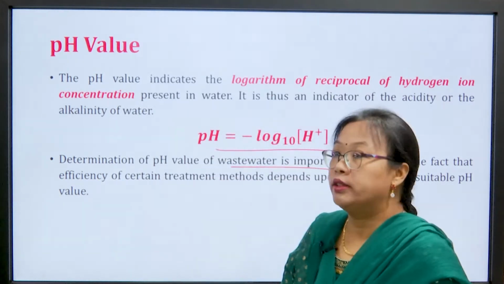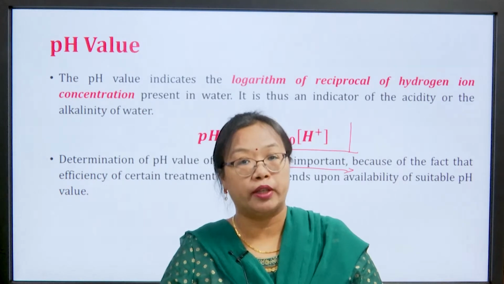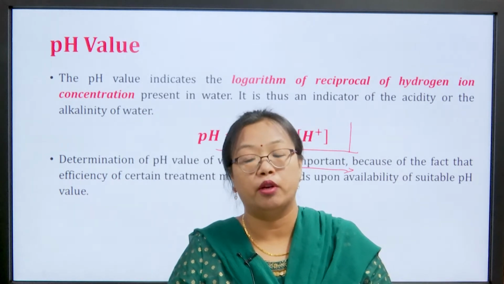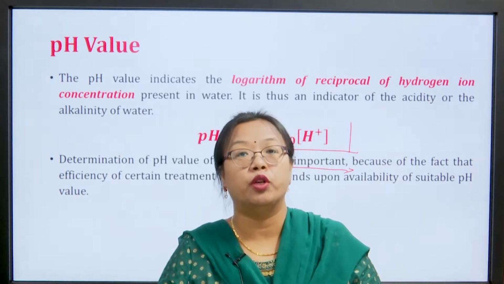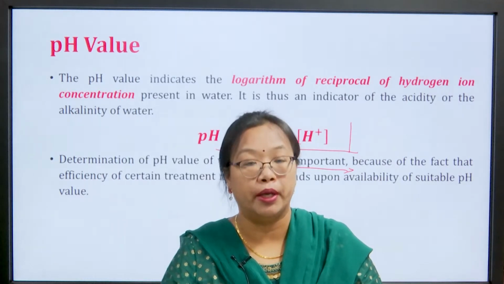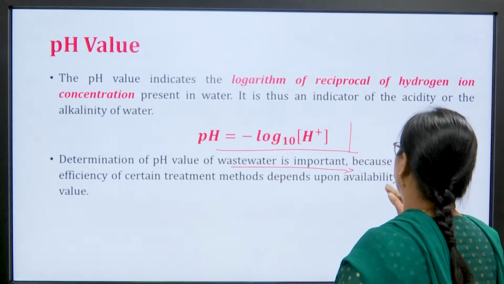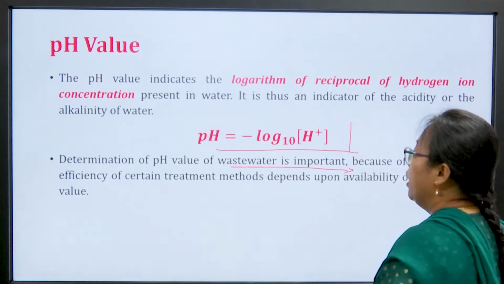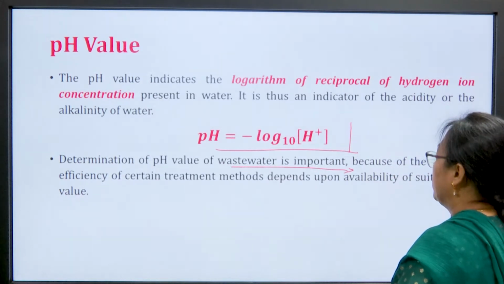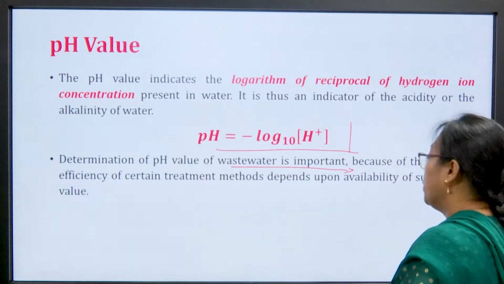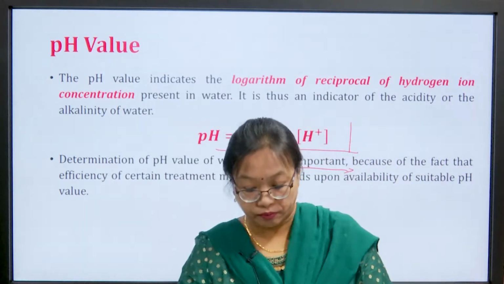Because if it is too acidic, those bacteria will not be able to survive, or some chemical reactions will not be possible at a particular pH. So, determination of pH value of wastewater is important because the efficiency of certain treatment methods depends upon the availability of suitable pH values.